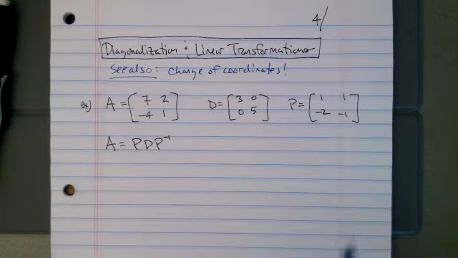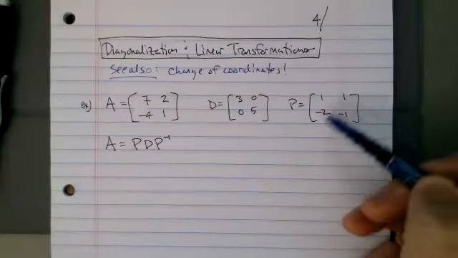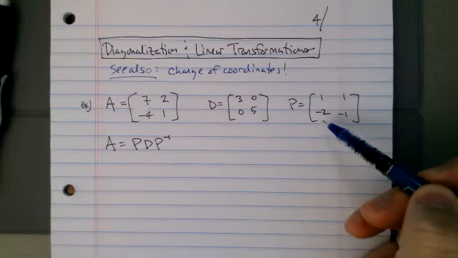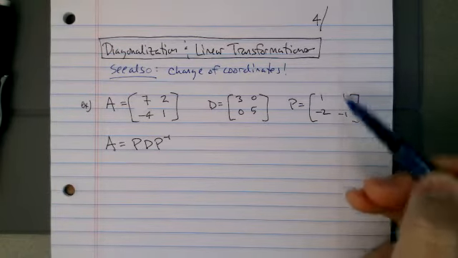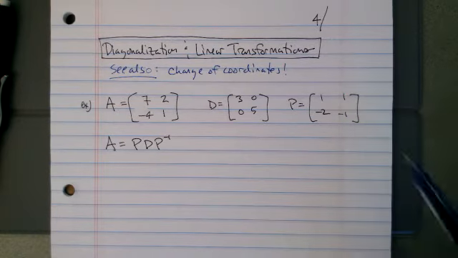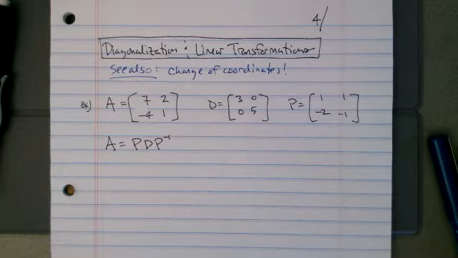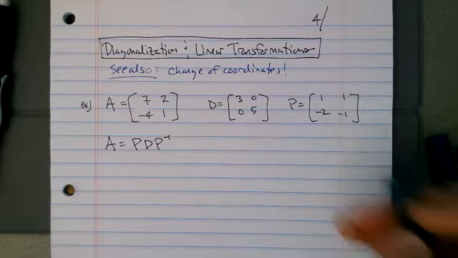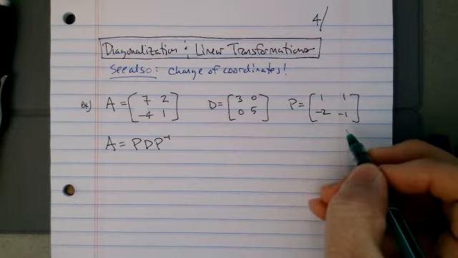So notice that the columns of P, because P has linearly independent columns, because P is invertible, form a basis for R2.